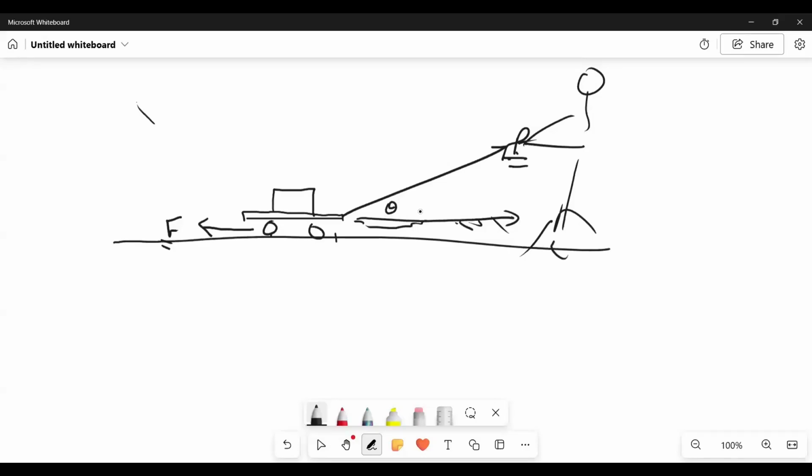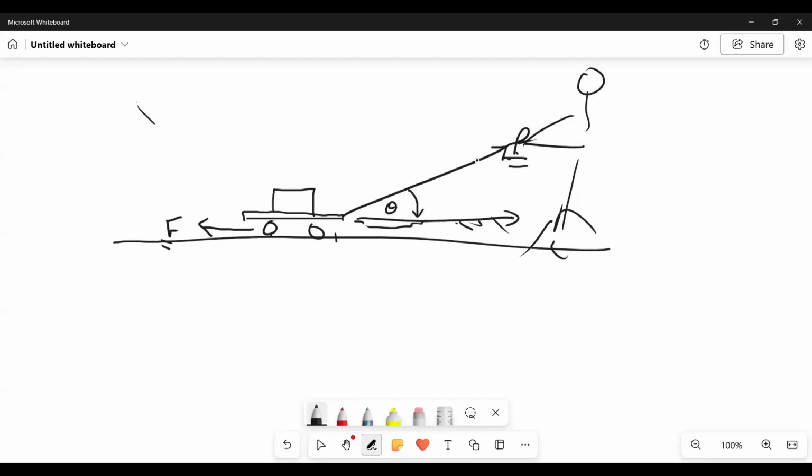Right? Good. So what you need to do then is, there's a word they use, you resolve this force horizontally. When you resolve a force, you can break it up into what we call its components.